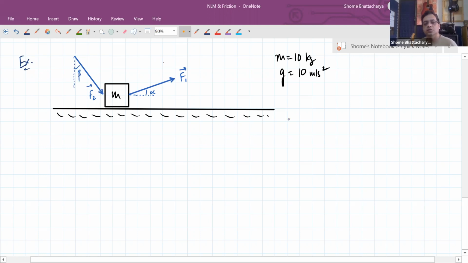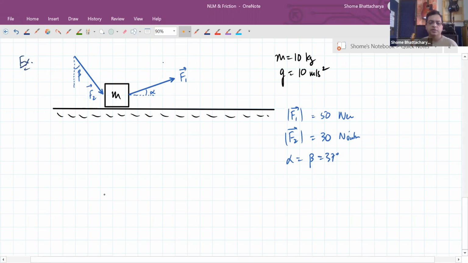Suppose it's given to us that the magnitude of F1 is equal to 50 newtons, the magnitude of F2 is equal to 30 newtons, and alpha and beta are both an angle of 37 degrees each.